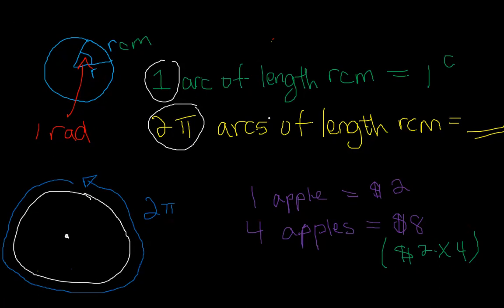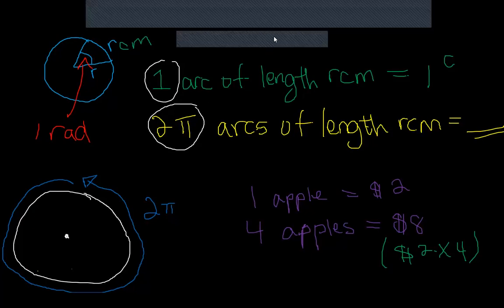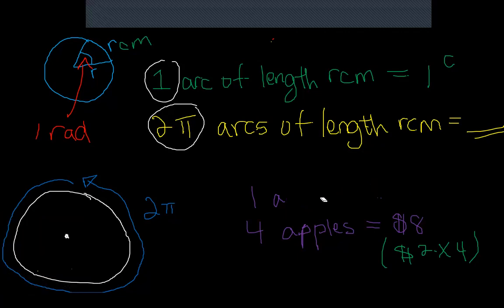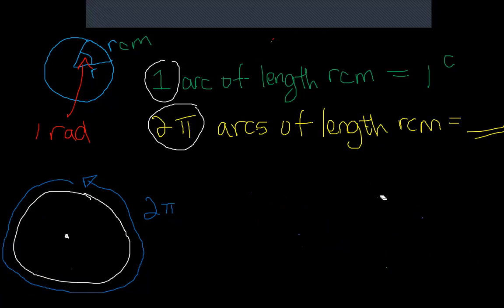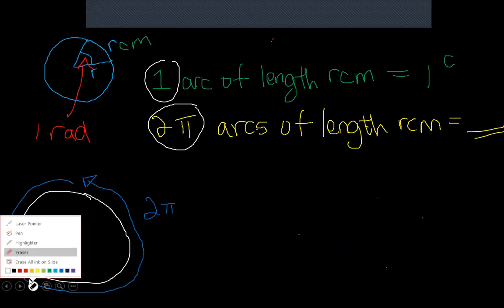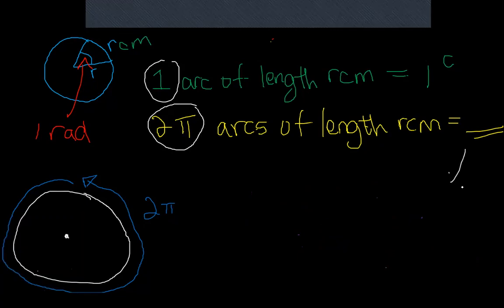Okay, well, since nobody knows, just like I did here, if 1 apple is $2, 4 apples is 2 times 4, which is $8. 1 arc of length r centimeters, if it's 1 radian, then 2 pi arcs of length r centimeters would be 1 rad multiplied by 2 pi.